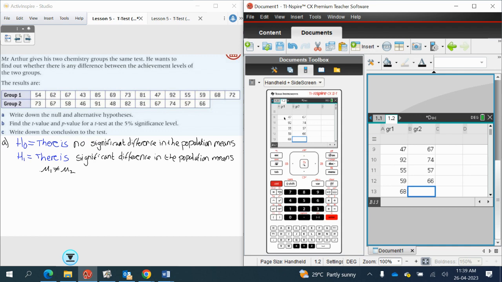Notice that this test isn't going to have a problem with the fact that there's more data in one group than in the other.